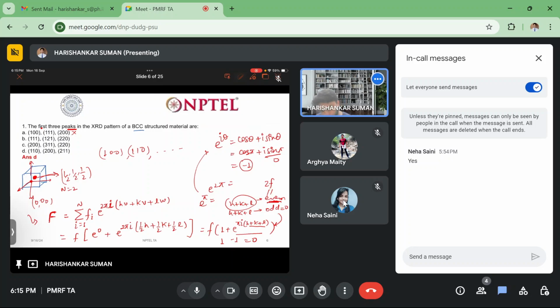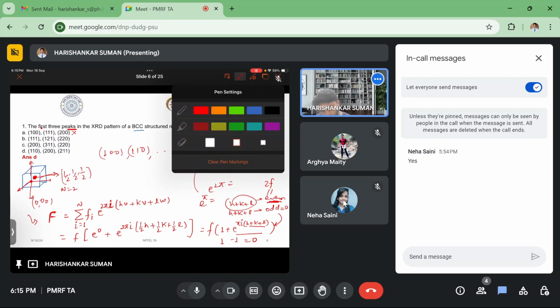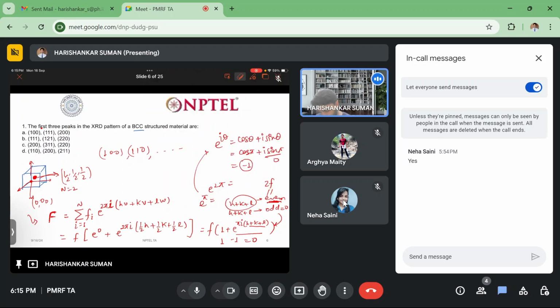Okay, if HKL are given, then first you find the structure factor, then find the condition, and put these planes, then you will get the right answer.